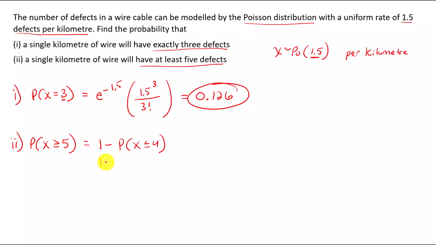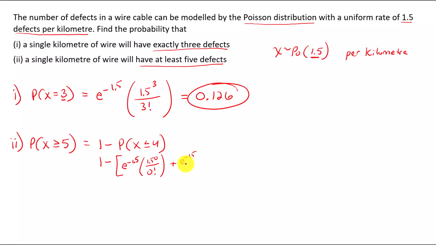So to set this up, remember I need to use brackets here. And then I have to do 0, 1, 2, 3, and 4. So we're going to have e to the negative 1.5 times 1.5 to the 0 over 0 factorial. Now this is all 1, so technically you don't have to write that. I just want you to see it on your notes.